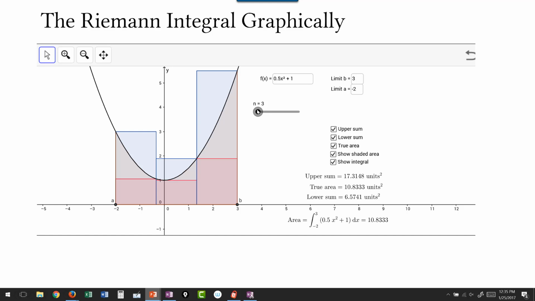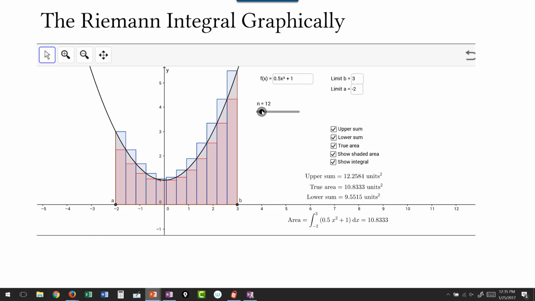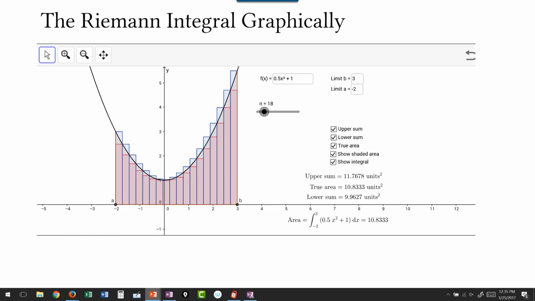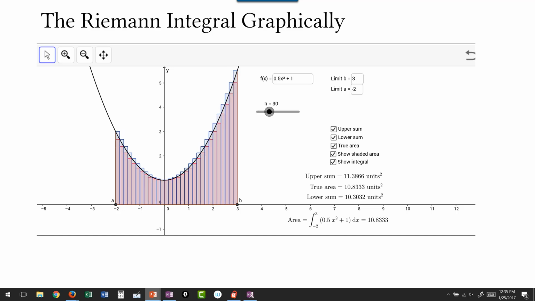So the way we fix that is we take more rectangles. So here's 12 rectangles. Notice how the error involved, the difference between the rectangles, either the large rectangles or the small ones, and the area under the curve is getting smaller. With 30 rectangles, we're doing a pretty good job of approximating the area under the curve.